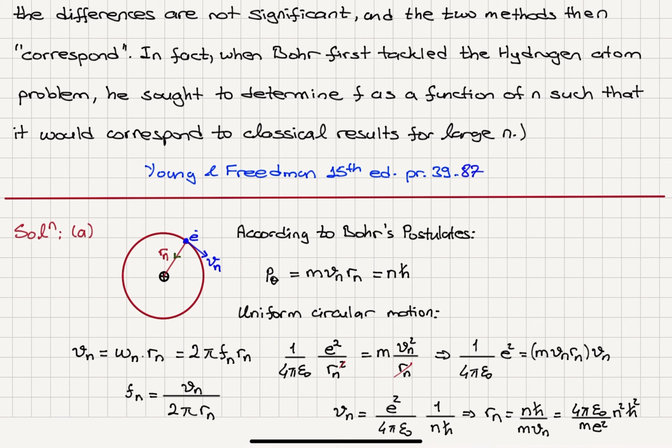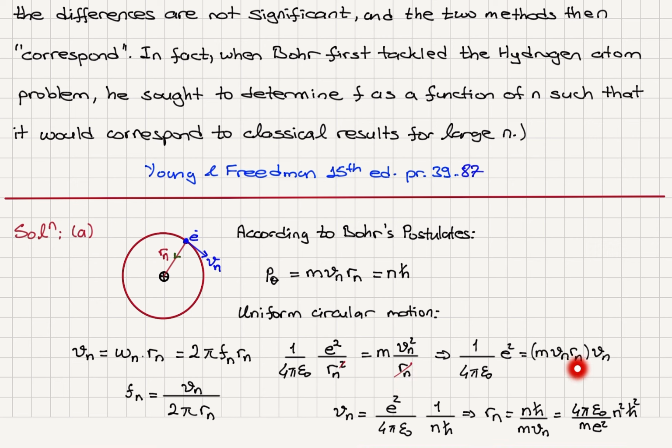So we worked with Bohr's model. The angular momentum is quantized in units of h bar. There is the uniform circular motion. The tangential speed is angular speed times the radius of the orbit, where the angular speed is the angular frequency, 2 pi times f. And the Coulomb force, k q1 q2 over r squared, where k is 1 over 4 pi epsilon 0, Coulomb's constant, so e squared over r squared because the nucleus has plus e charge, is equal to mass times the centripetal acceleration, m v squared over r.